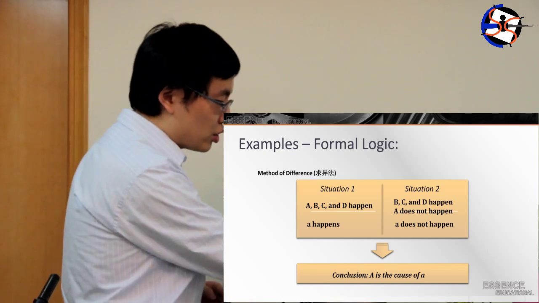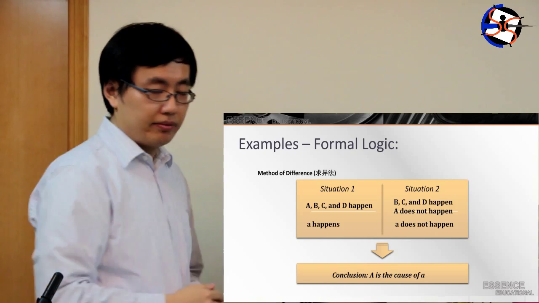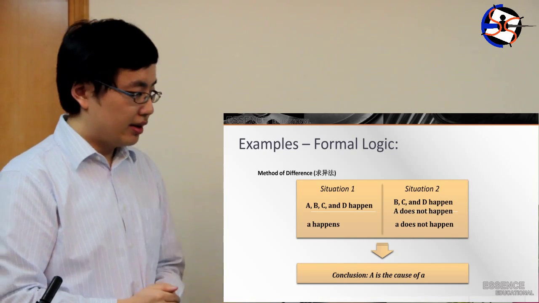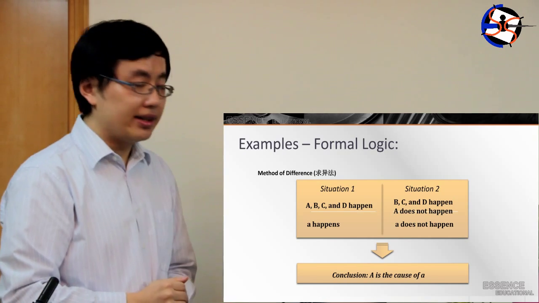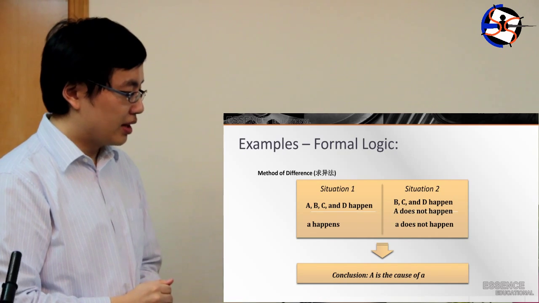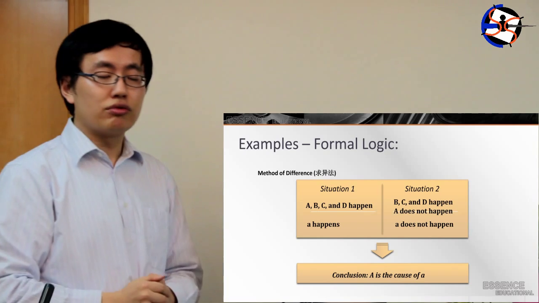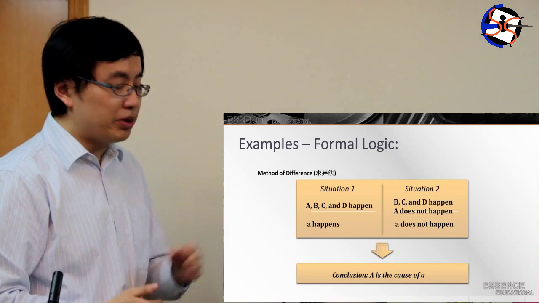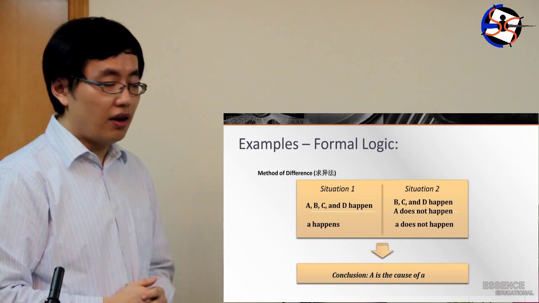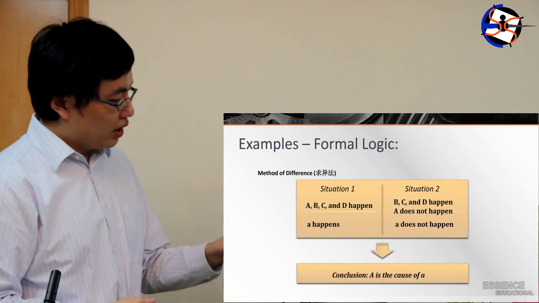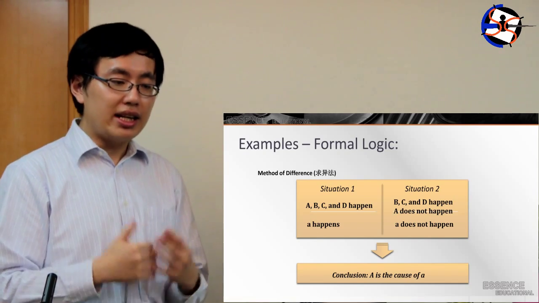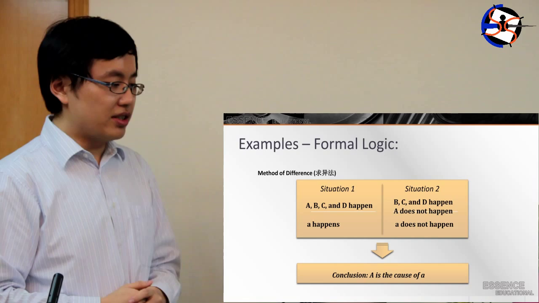And in situation 2, B, C, D continue to happen, but capital A does not happen. In the meanwhile, small a does not happen afterwards. Then, by comparing these 2 situations, you can draw a conclusion, which is capital A is the cause of small a. So, by using this as a framework, we can easily understand the passage we just read.